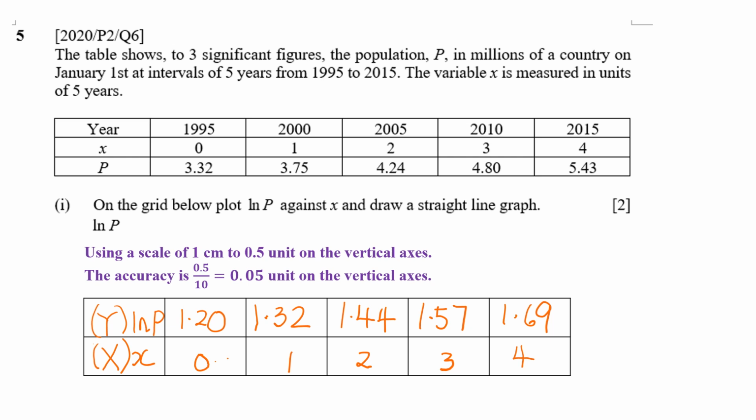If you look at the year, it's 1995, and then the next one jumps to 2000, because 1995 plus 5 gives you 2000, 2000 plus 5 gives you 2005, and so forth. But we're not plotting the year against p. We're actually plotting ln p against x, and we are asked to draw a straight line.